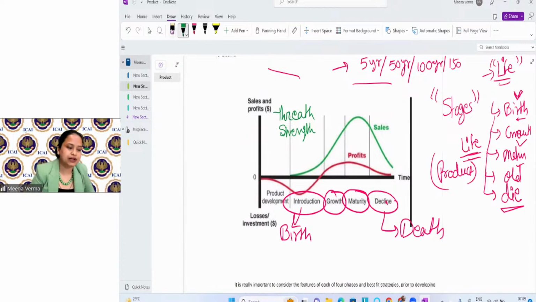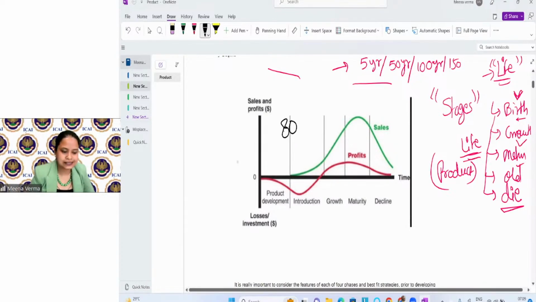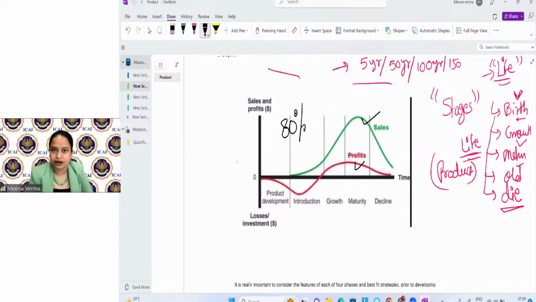If you remember, in the last session we discussed something about this. We discussed that 80% of the cost will be committed here during the designing stage or introduction stage.